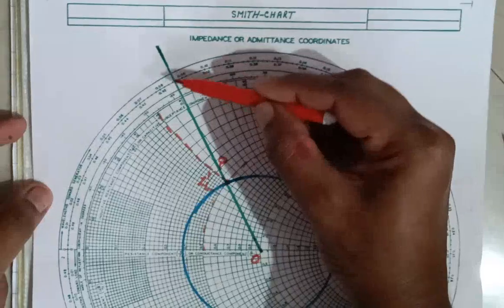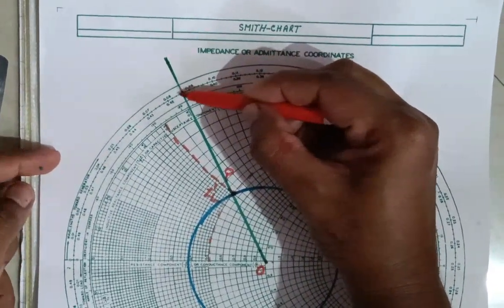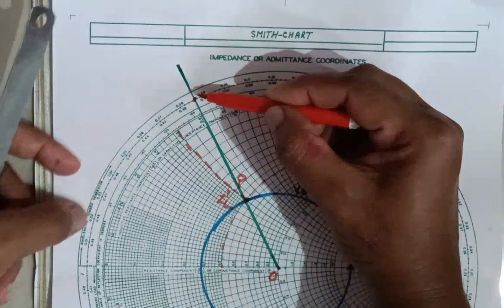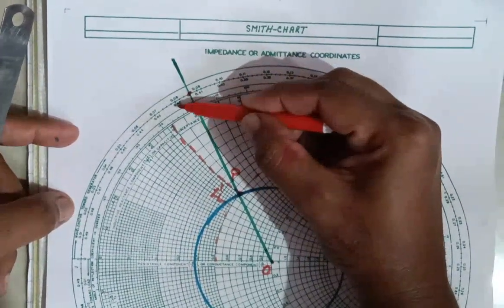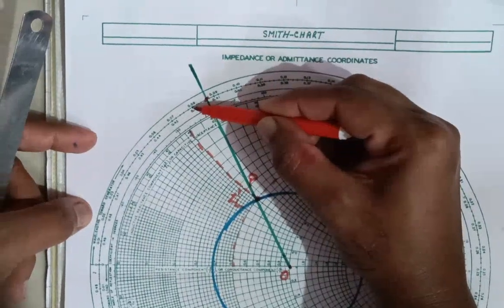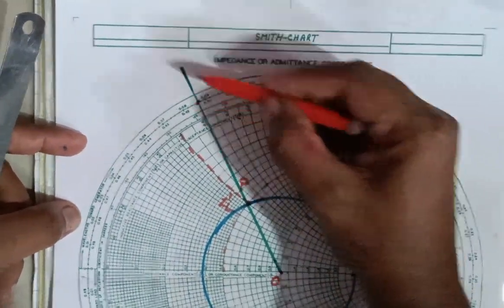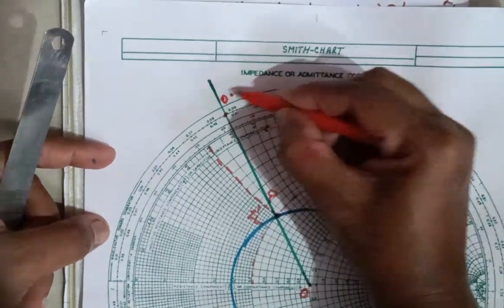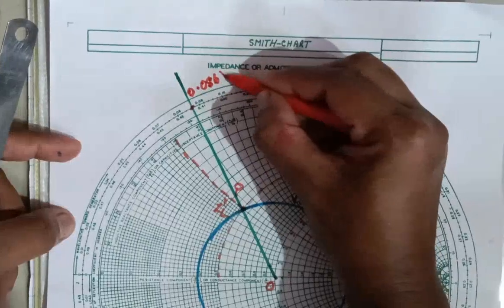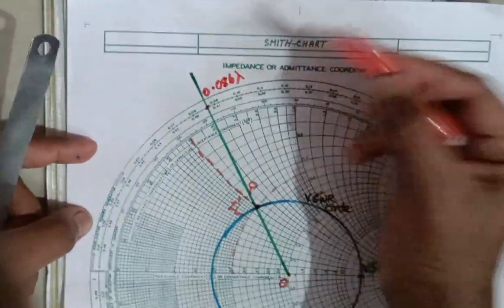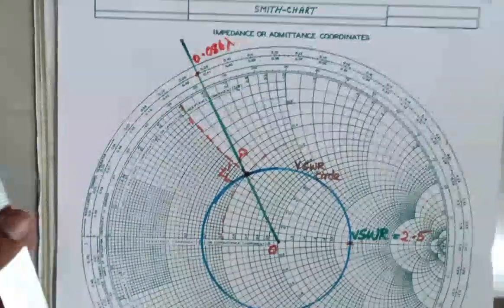Here we will get the position of the load in wavelengths towards generator. This value is 0.086 lambda. Okay, this is the position of load, 0.086 lambda.